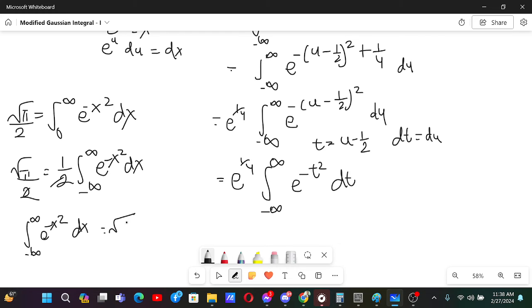So now this integral is e to the power 1 by 4 times root pi. So the answer of our problem is the fourth root of e times root pi. That's the proper answer.